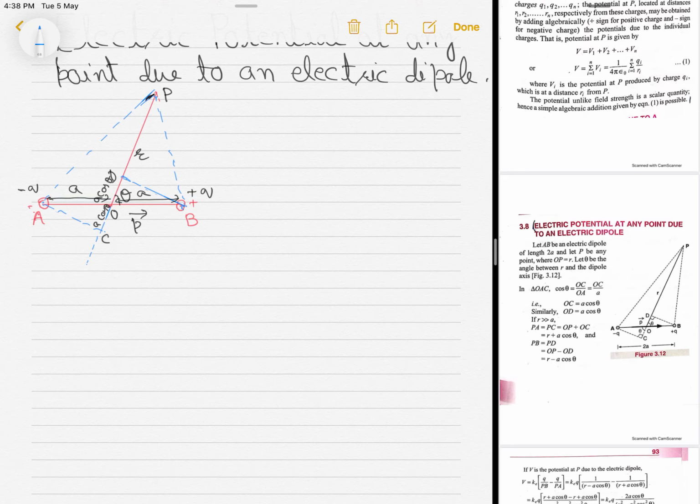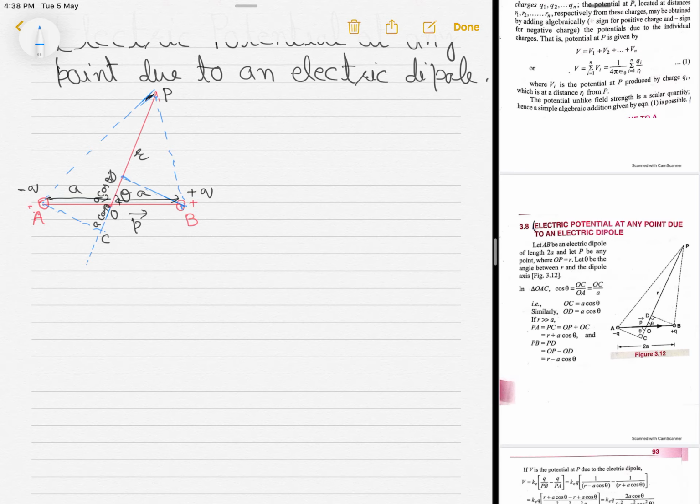At A there is a minus q charge, at B there is a plus q charge, and the distance between them is 2a. From the midpoint O, we take a point P which is at distance r and the line of action makes an angle theta with the dipole.